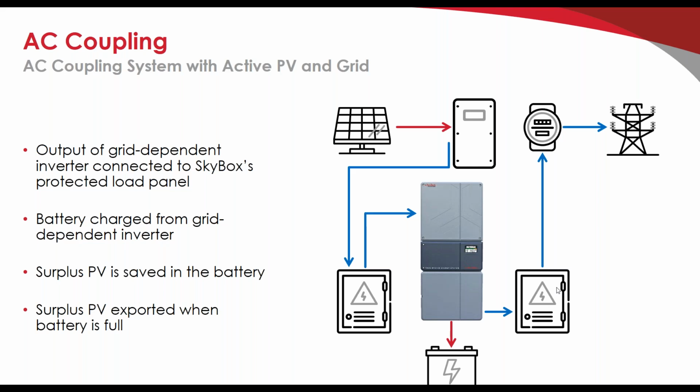If you have more than 5 kW of grid-dependent inverter connected into SkyBox when the grid goes out and when it's producing maximum power, so it's a relatively specific set of conditions I just laid out. But again, we're trying to ensure that we have optimum customer experience here.